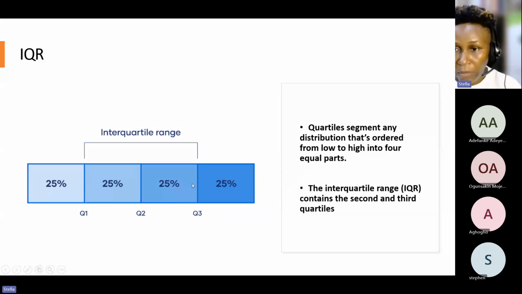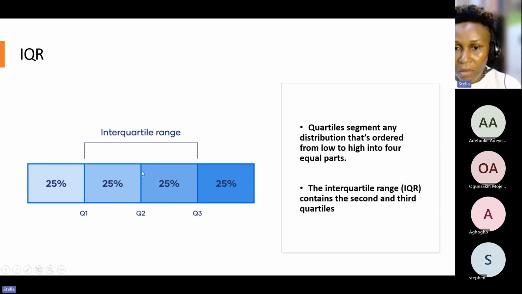four quartiles here. Okay, so we have four quartiles of 25% each. So quartiles segment any distribution that's ordered from low to high into four equal parts, like I've explained, where you have a data set from 1 to 100. Okay, so the interquartile range contains the second and third quartiles. Between here and here.